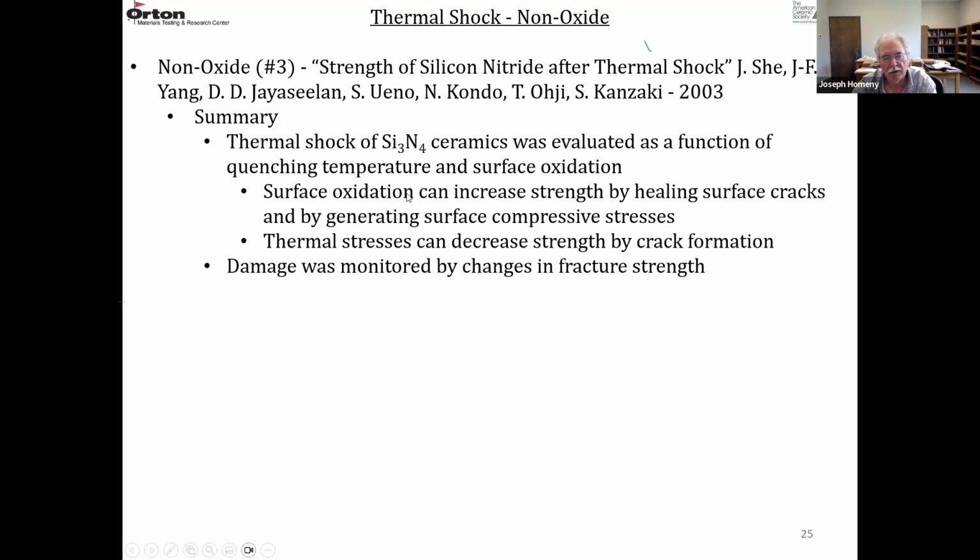But if you have an oxidation process taking place, that could possibly heal the cracks and also put a compressive stress on the surface, which would be the opposite effect of the damage from thermal shock. So damage was monitored by changes in the strength of these materials.